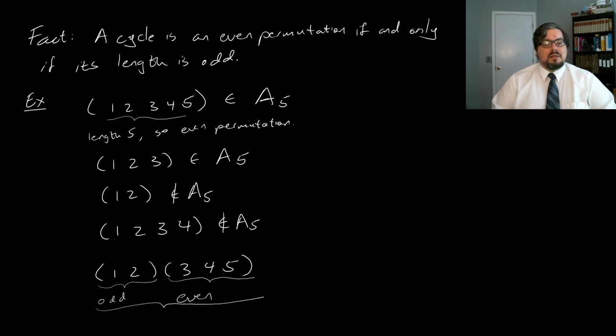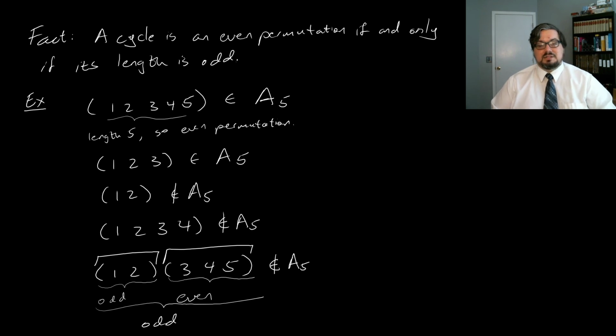So this first one being odd means that this cycle can be written using an odd number of transpositions, and then this cycle can be written using an even number of transpositions, and therefore if you stick them together, all together they make an odd number of transpositions, which means, again, they don't belong to A5.